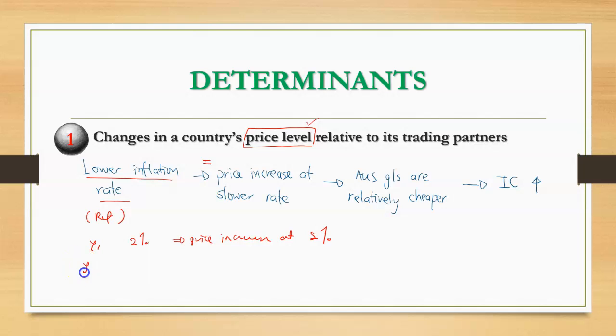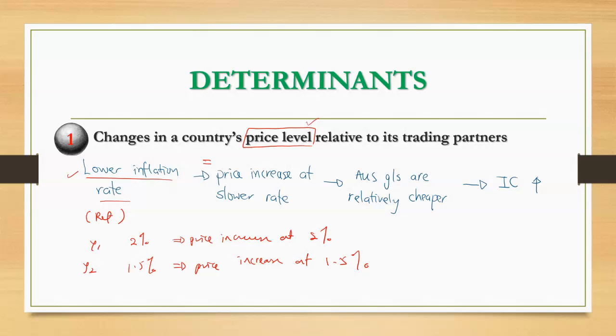But in year two, the inflation rate lowered to 1.5%. It would still mean your price would increase, but only on average 1.5%. So price will still increase, but at a slower rate.